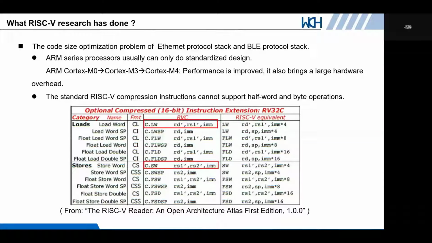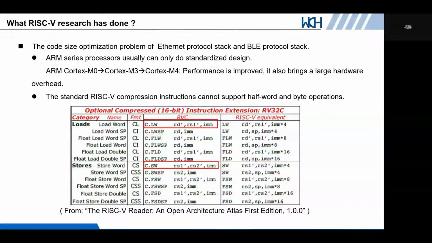We carefully studied the RISC-V instructions and found that the standard RISC-V instruction set's 16-bit compressed instructions only support word operations, and our actual embedded applications use a lot of byte and half-word operations, which leads to the same protocol stack code becoming much larger after compilation, and the resources left to customers for self-development are obviously reduced.